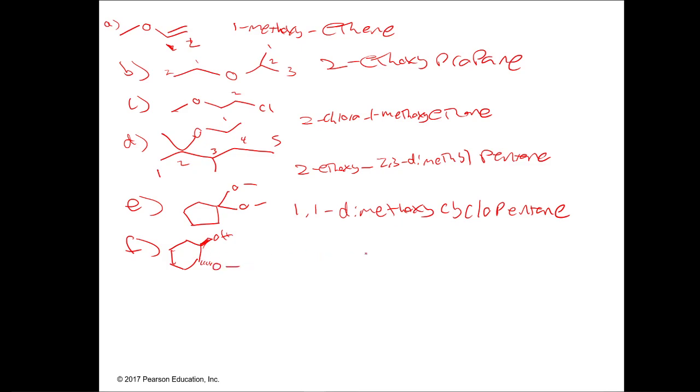Nice. This is a cyclohexane, and it is trans. Well, so now the question is, I actually have to go double check the list whether an alcohol or an ether has higher priority. I think the list was in chapter 10.